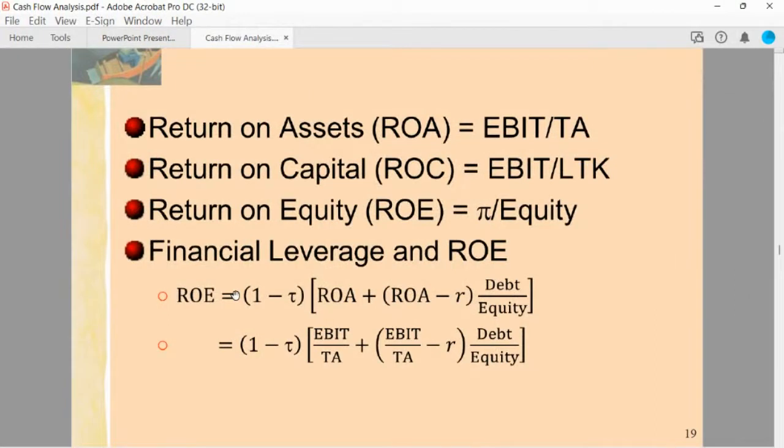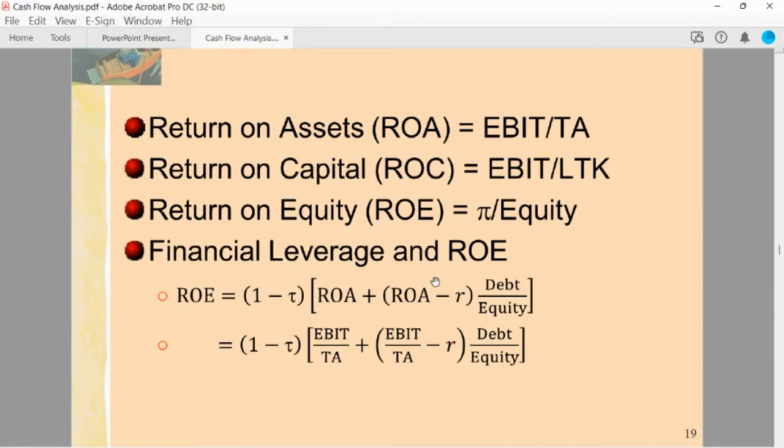But I'm gonna get to this. The reason I put it here is the return on equity can be broken down further this way: (1 minus tax rate) times ROA plus (ROA minus interest rate) times debt to equity ratio.